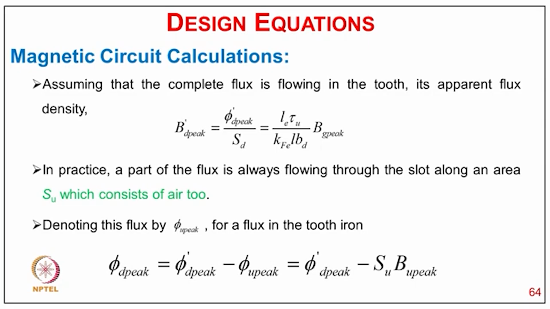In practice, a part of the flux is always flowing through the slot along with the teeth. Denoting this flux by phi u peak, we may write the flux in the teeth iron, phi d peak, equal to phi d dash minus phi u peak, equal to phi d dash peak minus Au into Bu peak.